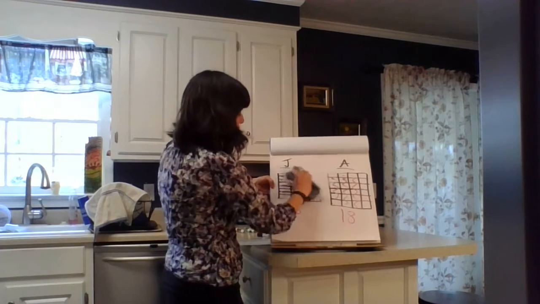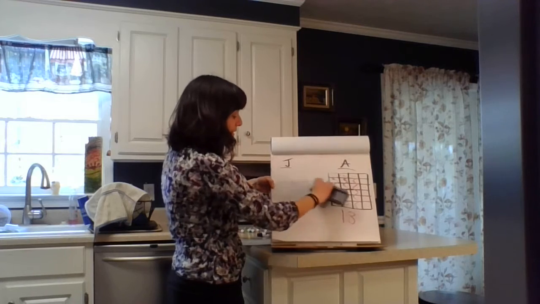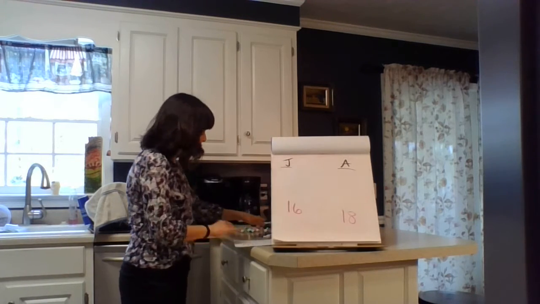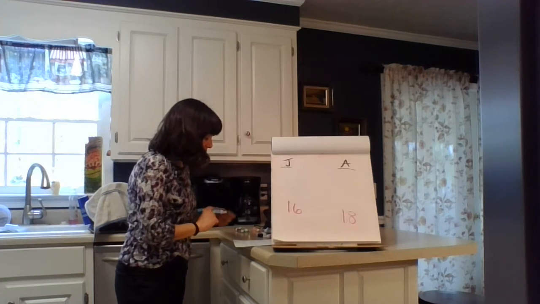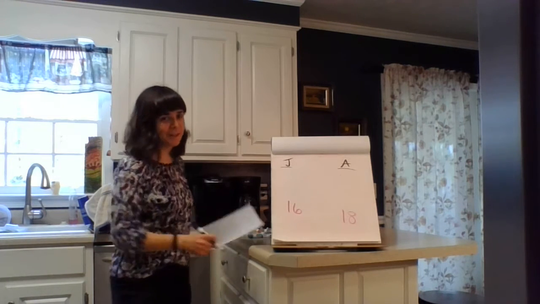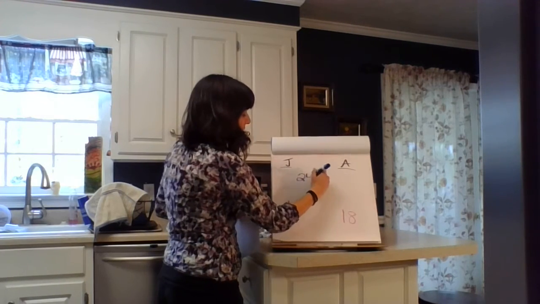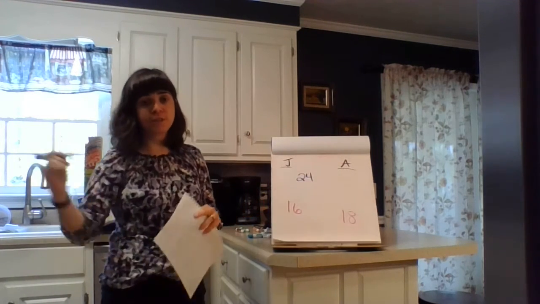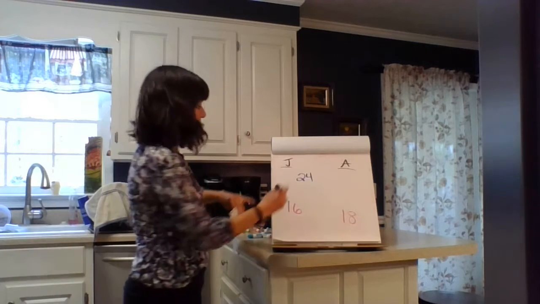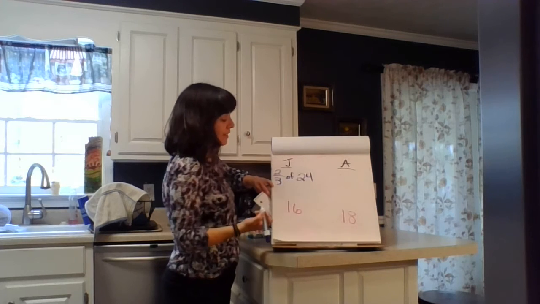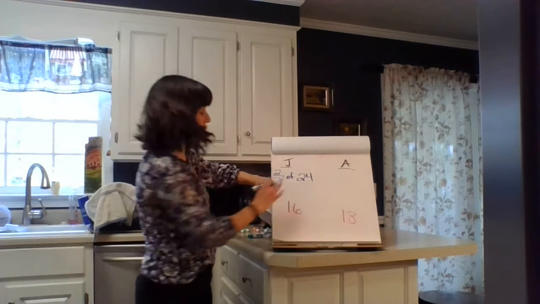Now, if we wanted to solve that problem with an algorithm instead of a picture, which is the way that some of you may have done it, okay, so Josh had 24 pieces and he ate 2/3 of those pieces. And we know that if it's a fraction of another amount, that's the same thing as multiplication.